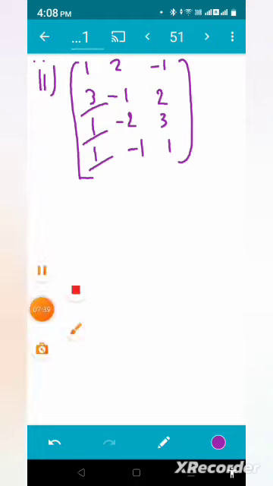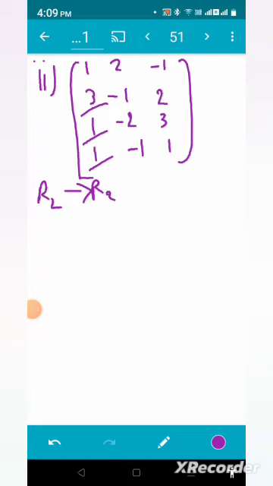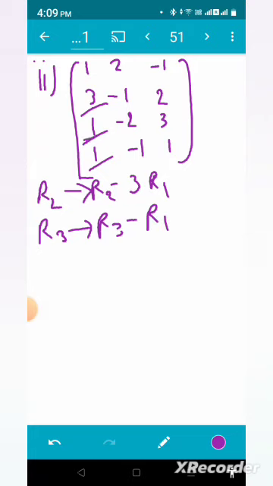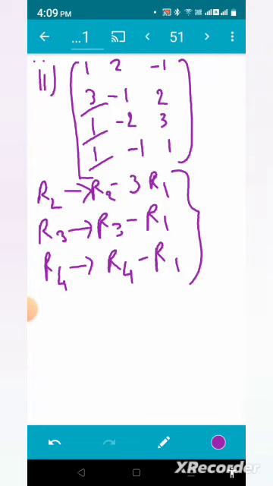So I use R2 gives R2 minus 3R1 for here, and similarly R3 gives R3 minus R1, because 1 minus 1 is 0. Similarly R4 gives R4 minus R1.